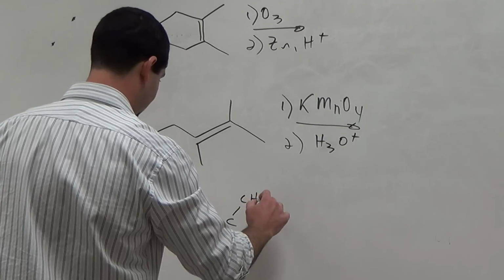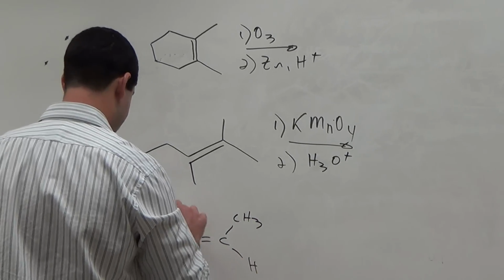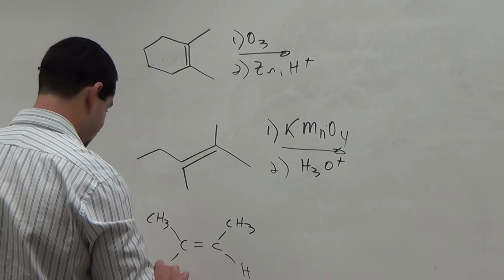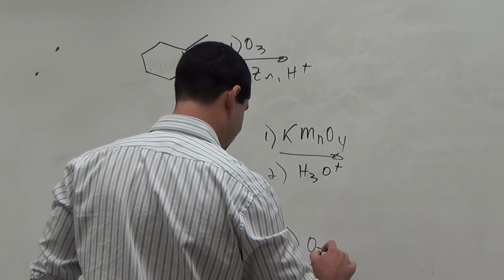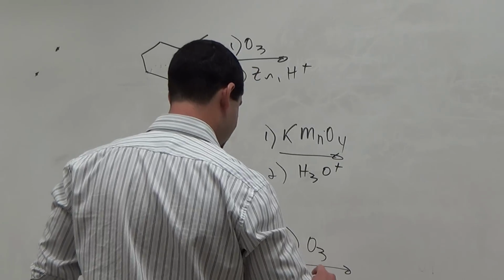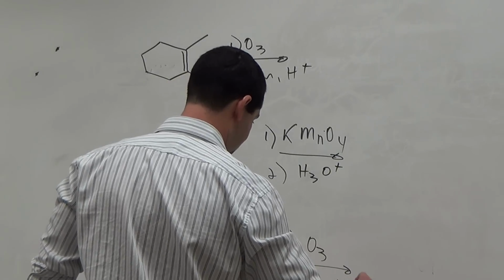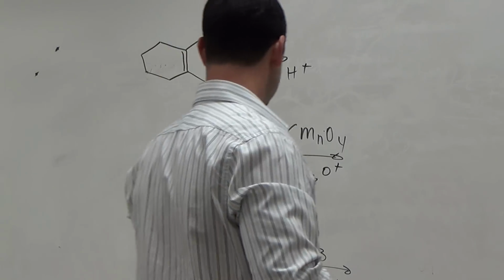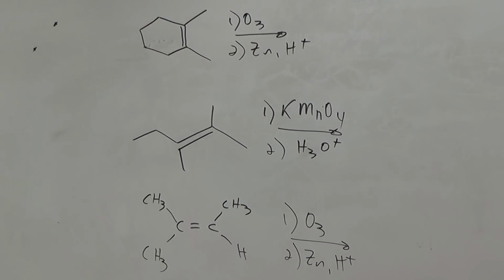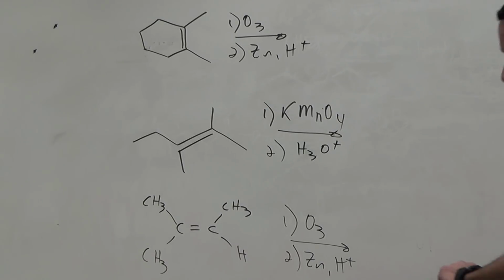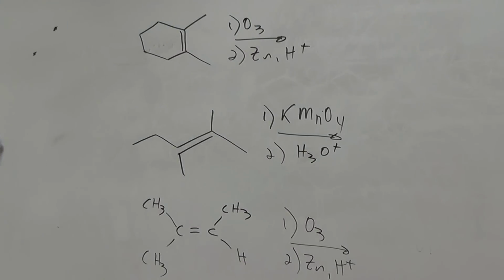So this one is not going to add. That one is going to add to those hydrogens, but the front one is not going to add to any hydrogen. We got this.